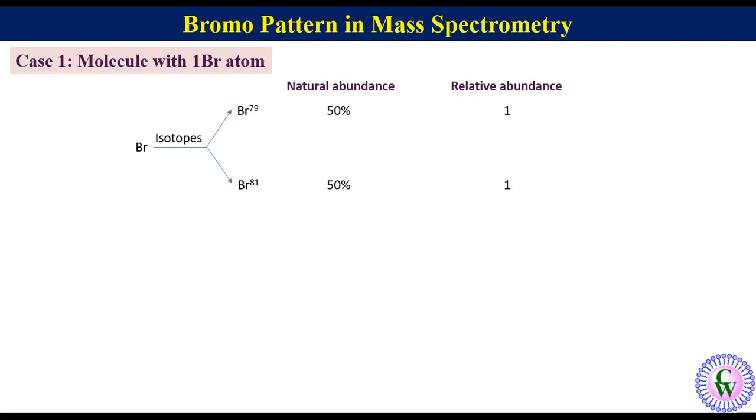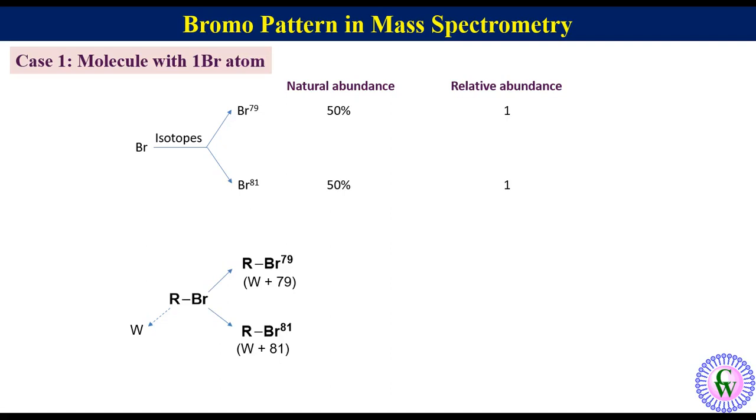Suppose we have a molecule RBr with one bromine atom in it. If the mass of the R group is W, then there will be two types of molecules: RBr79 with molar mass W plus 79, and RBr81 with molar mass W plus 81.